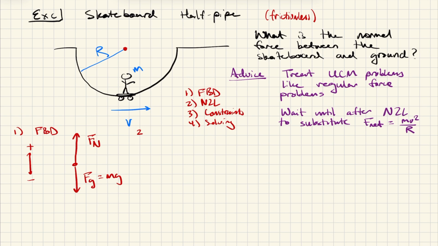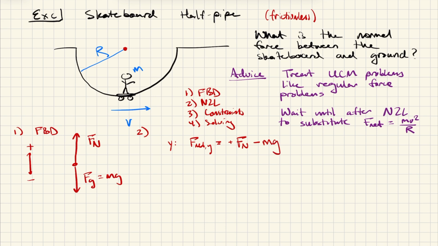So now what we have to do is use this free body diagram to translate into some Newton's second law equations. Fortunately, there are only forces in the y direction here, so we only have our one y direction Newton's second law, which tells us that F net in the y direction must be the sum of all the forces, in this case, plus Fn minus mg, since Fn points up and mg points downwards.